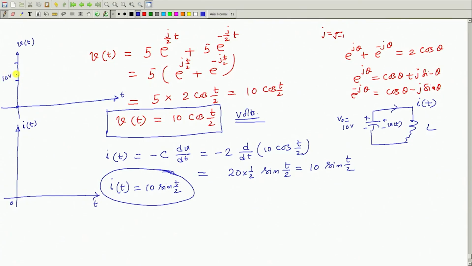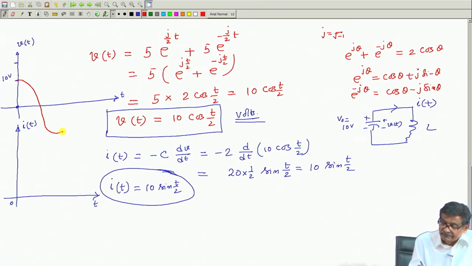Then it changes as a cosine function. So, the nature of solution of capacitor voltage will be something like this. Zero crossing points can also be found out, because cosine pi by 2 will be 0.